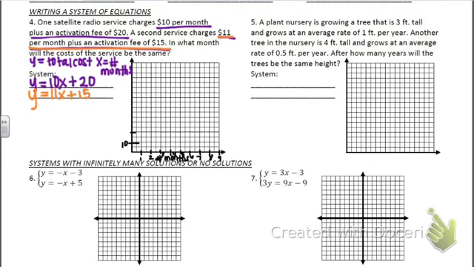So that's 10, 20, 30, 40, 50, 60, 70, 80, 90, and that's going to go all the way up to 90. And then I forgot to do something. What did I forget? I need to label the y's. What does the y represent? Total cost.